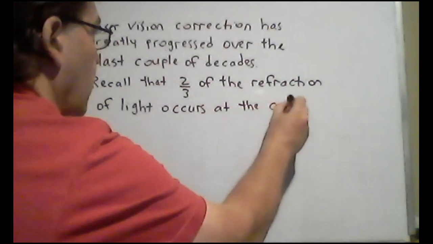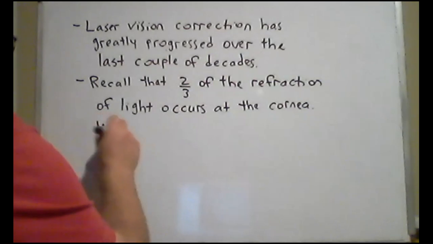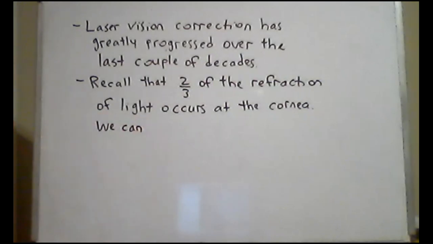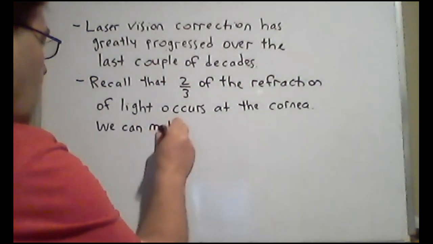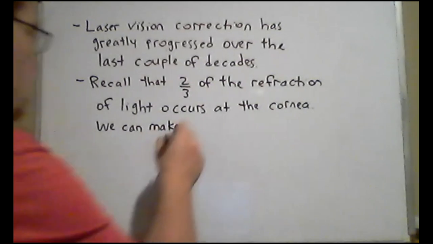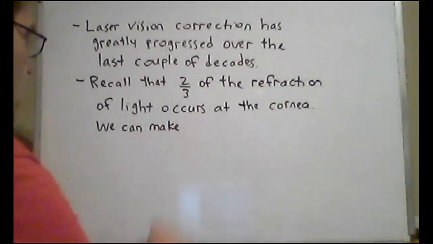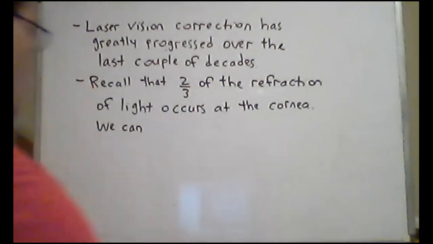We talked about this at the beginning of this lecture. We can change the refraction of light by reshaping the cornea with a laser.